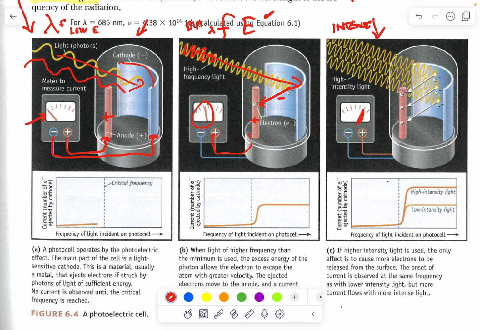So not only would one BB dislodge an electron because it packs enough wallop, enough energy, but many BBs would do even more damage or dislodge even more electrons. And so the point being is that at a certain point you don't have enough energy. You can shoot the spit wad higher and higher, but none of them have enough energy to dislodge an electron.